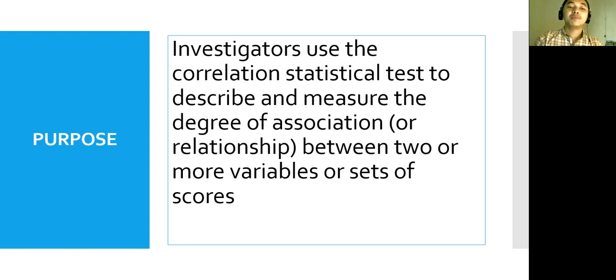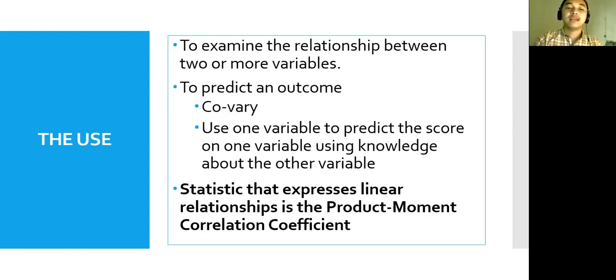Purpose. The purpose of correlational study is done by the investigators to use the correlation statistical test to describe and measure the degree of association or relationship between two or more variables or sets of scores.